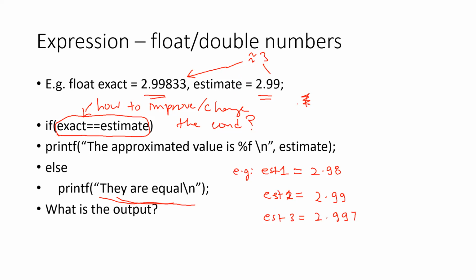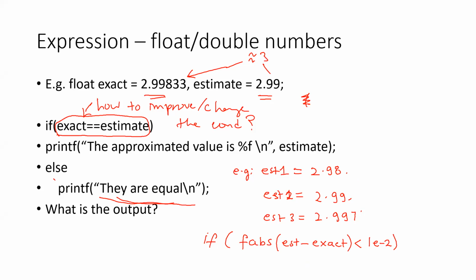So what's the difference between this and this? They only differ by the value behind the decimal. So I can say something like this. I can say if the absolute float value of the estimate minus my exact value is within, let's say, 1e to the minus 2.